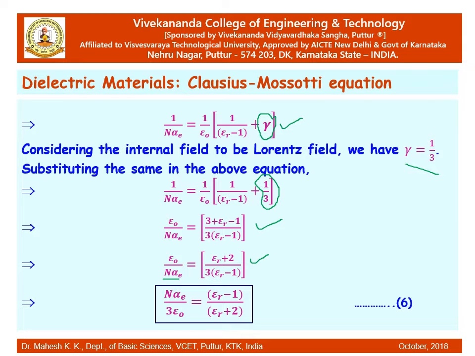Now reversing the numerator and denominator, we have n alpha_e divided by 3 epsilon naught is equal to (epsilon r minus 1) divided by (epsilon r plus 2). Let it be equation 6.